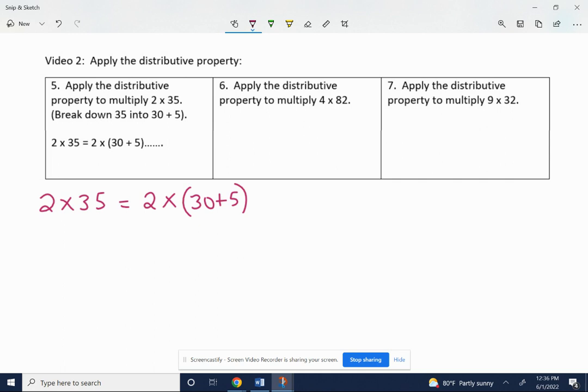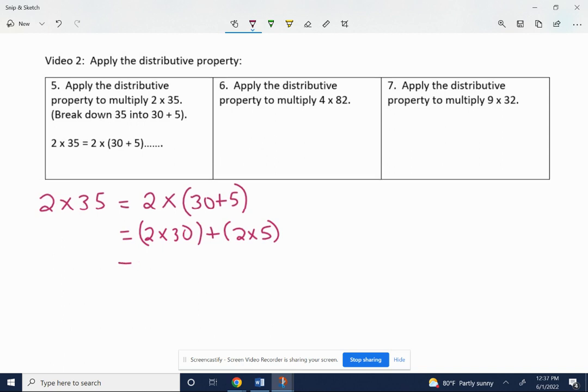And if I want to think of it that way, I could think of that as taking 2 times 30 and adding that on to whatever 2 times 5 is. And that will give me the same answer as taking 2 times 35. And I know you're thinking, well, I can do 2 times 35 maybe. Okay, but when numbers get really complicated, this is a pretty cool trick.